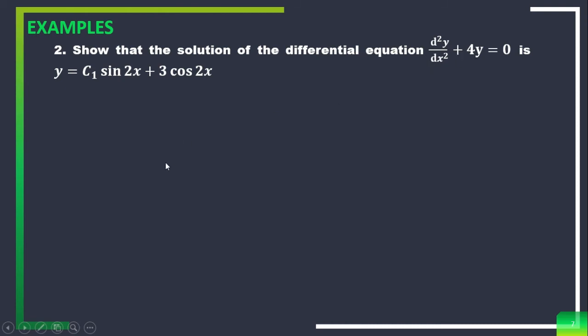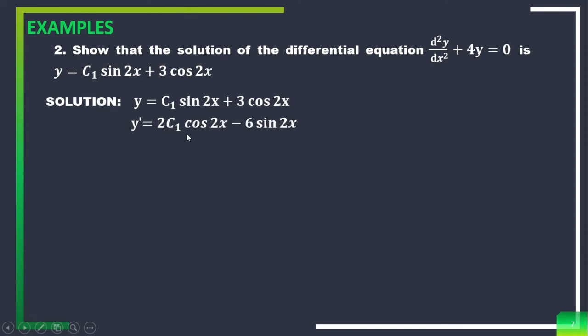Since our differential equation is of the second derivative, we will also get the second derivative of our solution.